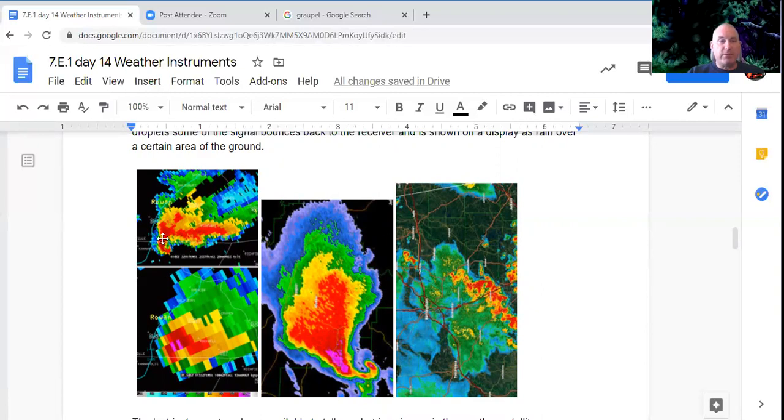You see this little symbol right there, and this one right here. Those are what they call a hook signature. When people say the radar has indicated a tornado or possible tornado, that's what they're looking at on the radar, going, oh wow, that could be a tornado.